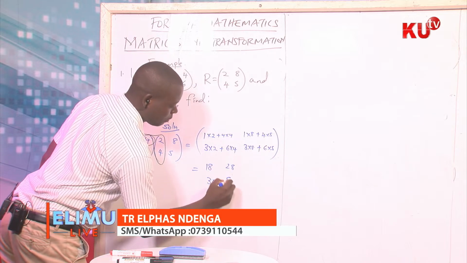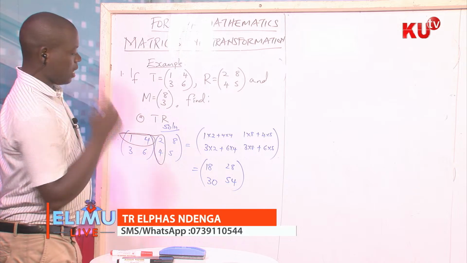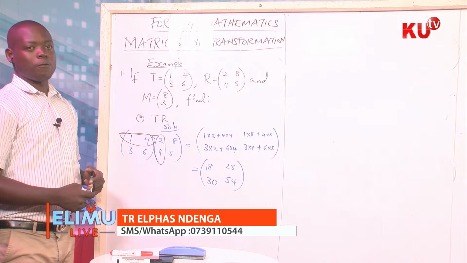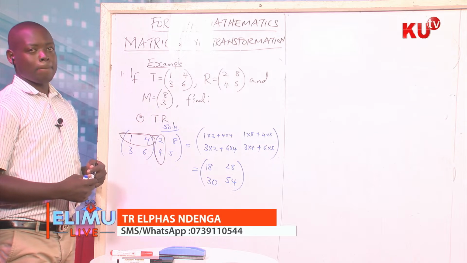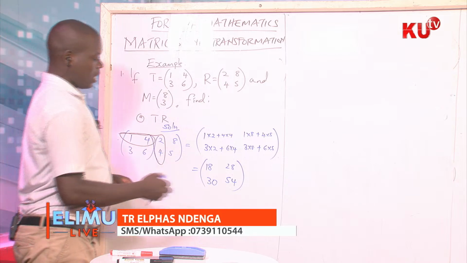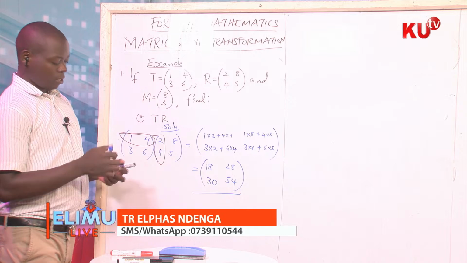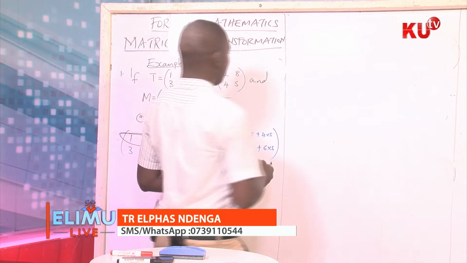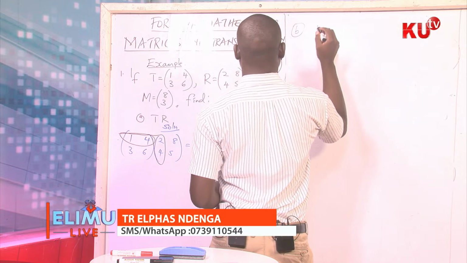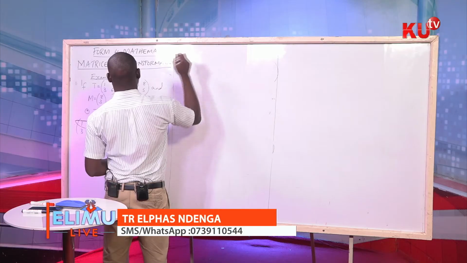The sum is 54. Therefore, our matrix TR is 18, 28, 30, 54. That is our product of TR, students. And if you get that, ensure you enclose the matrix in brackets, so that it adheres to the rule of writing matrices.